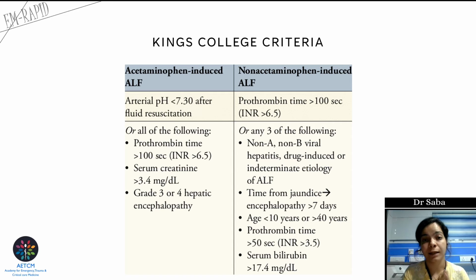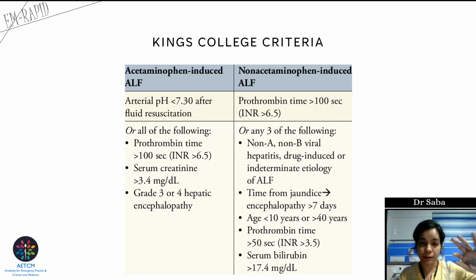So the patient has landed up with metabolic acidosis and it is refractory. It's not been corrected with fluid resuscitation. Either this, or the patient has to end up in coagulopathy with PT being more than 100 seconds, INR being more than 6.5, or the patient should end up in renal failure with serum creatinine being more than 3.4 milligram per deciliter, or the patient should end up in grade 3 to 4 hepatic encephalopathy.